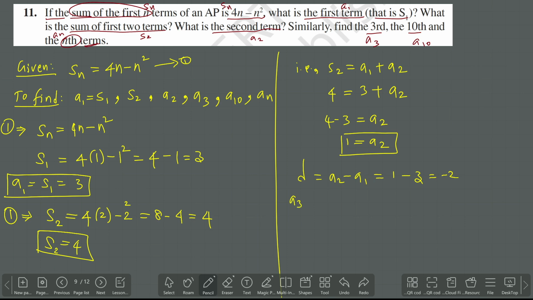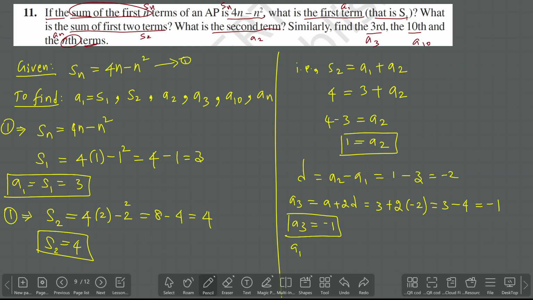So A3 is A plus 2 times D. A value 3 plus 2 times D value minus 2. Then 3, 2 2s are 4, equal to minus 1. A3 is minus 1. Next I want to find A10.